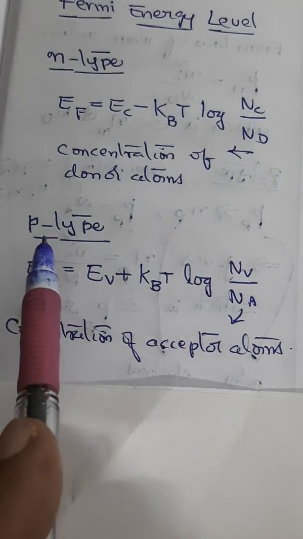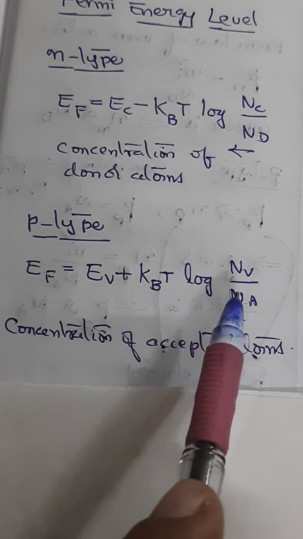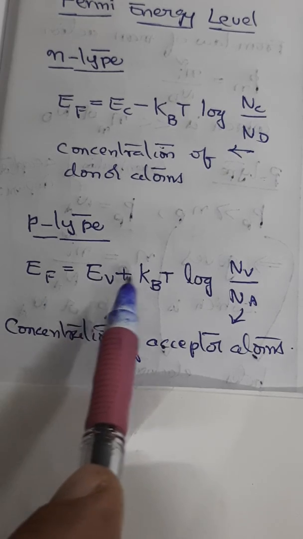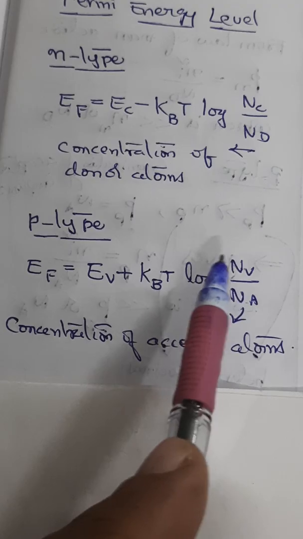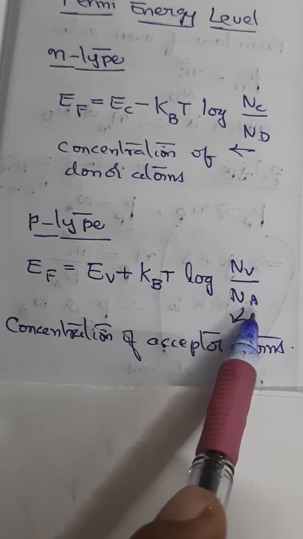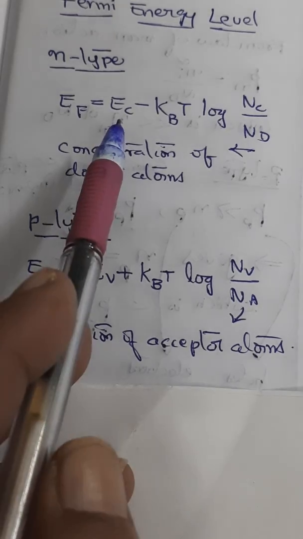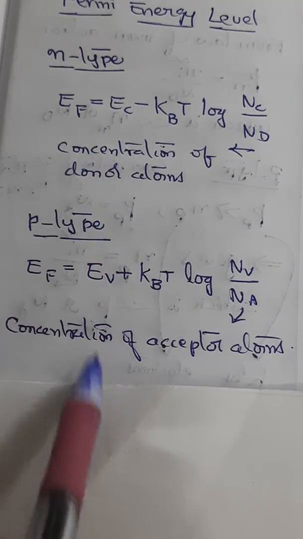Similarly, in p-type, holes are majority carriers. So therefore, it is an acceptor approach. So the formula varies as EF is equal to EV plus KBT log NV by NA. NV is again a pseudo constant. NA means concentration of acceptor atoms. So there is a little bit of formula difference between extrinsic and intrinsic as far as Fermi energy level is concerned.